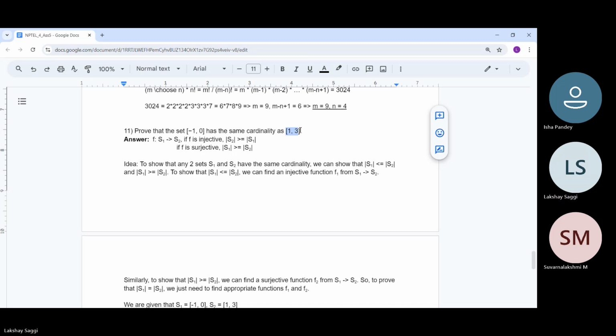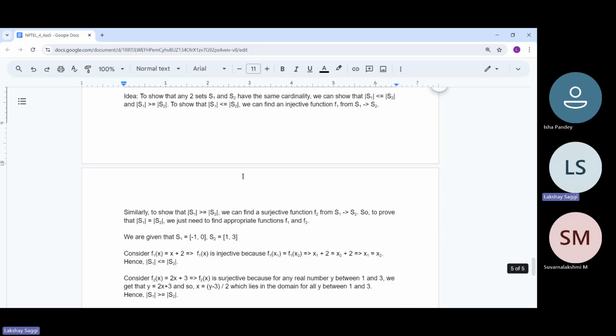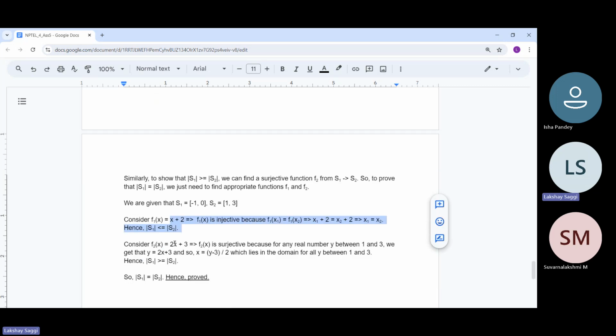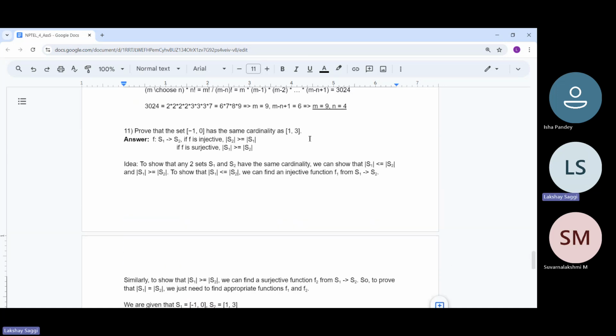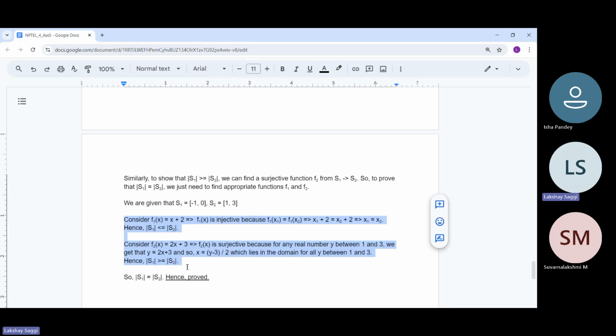And now it's just pure maths. First, I considered the function x plus 2, and this was actually injective. And now we have to find a surjective function, and for the function 2x plus 3, you could calculate that it is surjective. So this is just plugging in the actual functions and calculating whether the function is injective or surjective. This is the mathematical part which you can review later also.